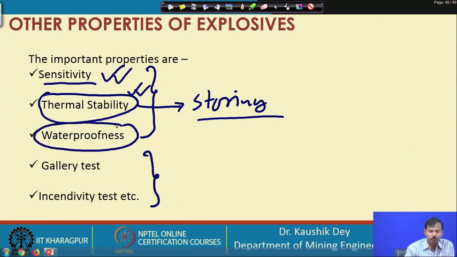Waterproofness is required to understand where the explosives are being used in watery holes. So, that is also another very important parameter. Not only that, this waterproofness is also important where we are using detonating fuse or similar types of explosive accessories in rainy atmospheric conditions, or where the area through which the detonation is being passed is filled with water.